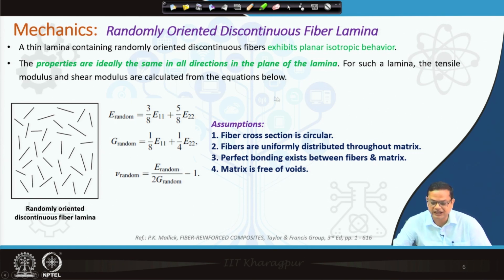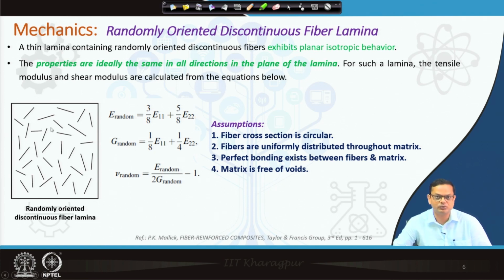And you can see, while getting to these equations, there are certain assumptions. We are considering the fiber cross section as circular. That is why we are talking about LF and DF. The fibers are uniformly distributed throughout the matrix. It is random, but there is no cluster formation.